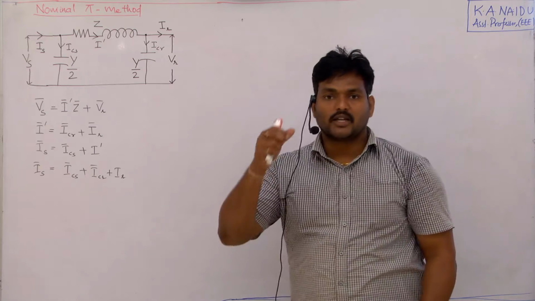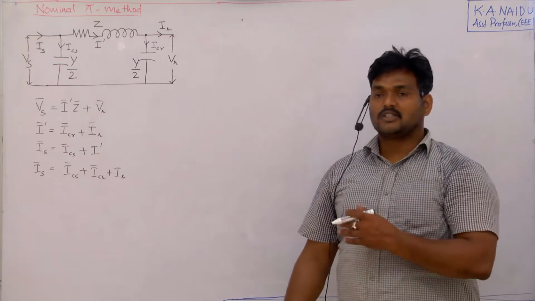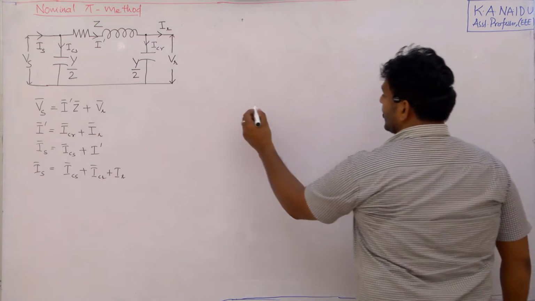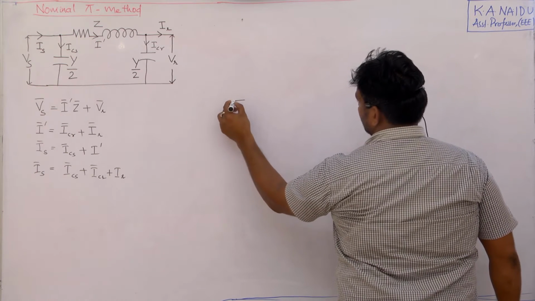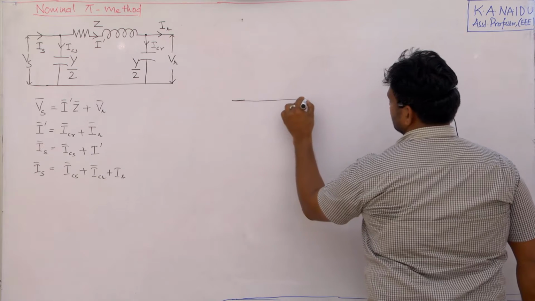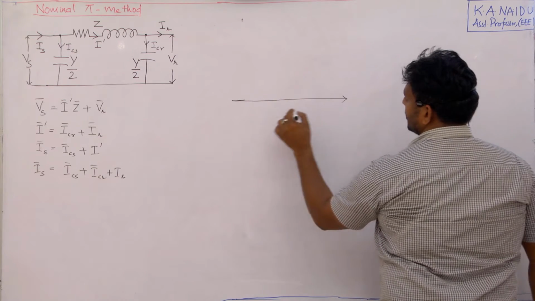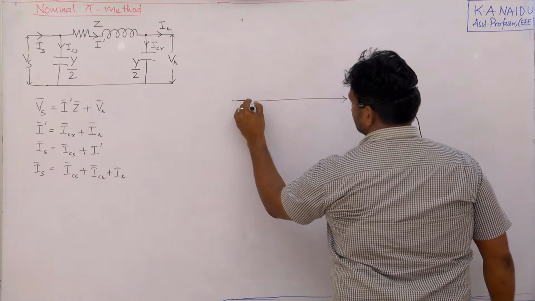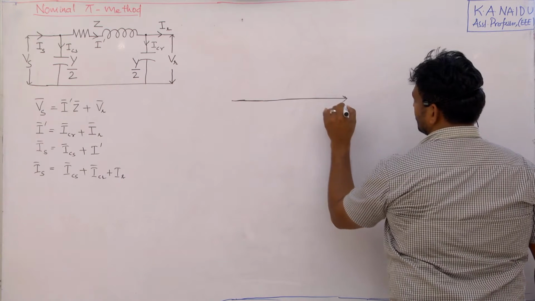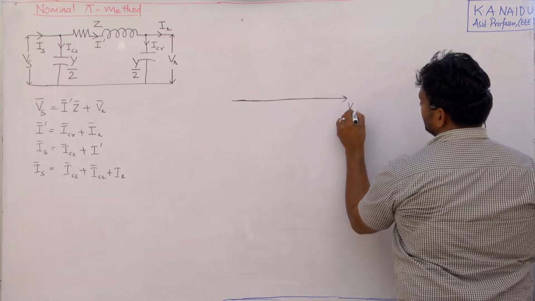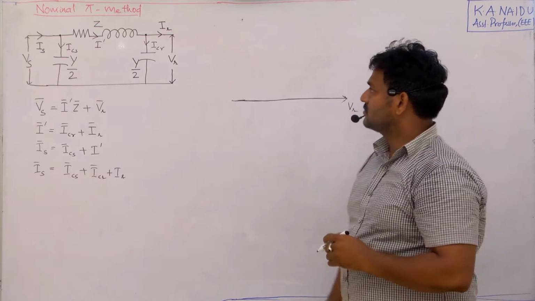Okay. Now let us draw the phasor diagram for this given circuit. For that, again we have to take the voltage VR as the reference. The receiving end voltage VR is taken as reference.